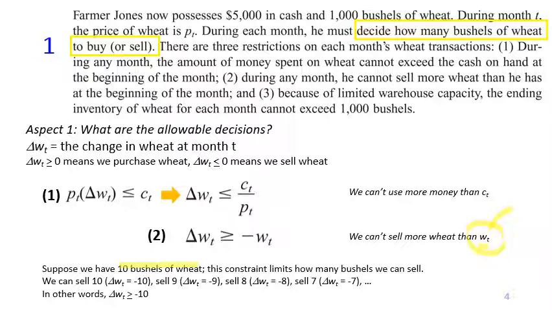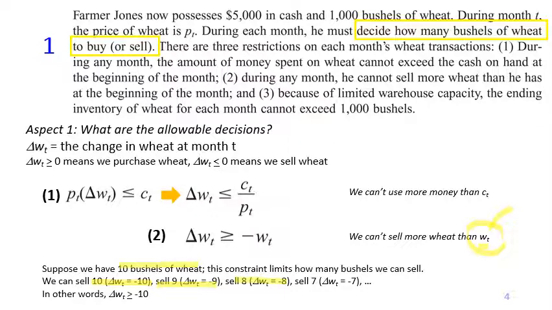So this is WT. And this constraint says that you can sell 10 bushels of them. So you sell everything that you have, which means that delta WT equals minus 10, right? You can also choose to sell just 9 out of the 10 bushels that you have. So delta WT equals minus 9.